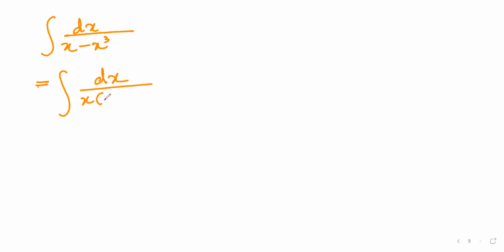Okay, the next thing that we have is the integral of dx over x minus x cube. That will be the integral of dx over x into 1 minus x square. I'm just factorizing my denominator. If you have a close look here, x minus x cube is x into 1 minus x square, isn't it?